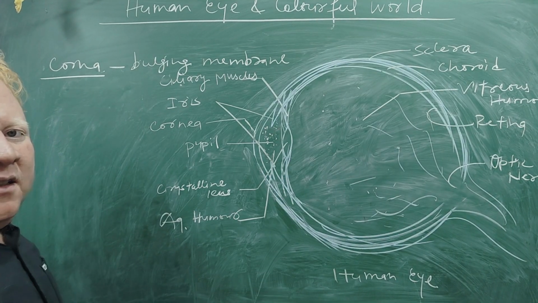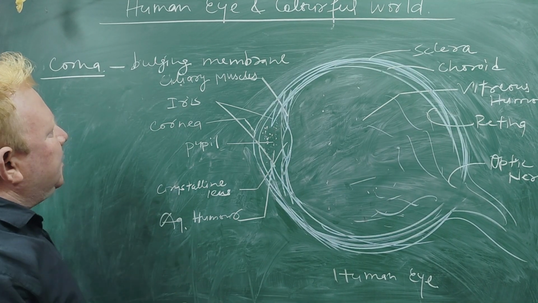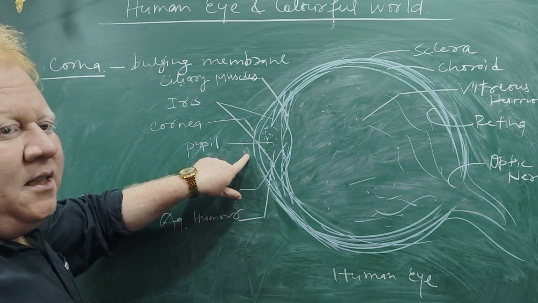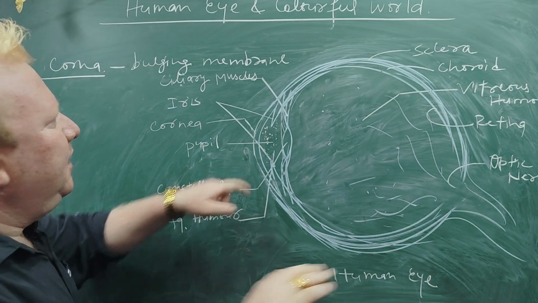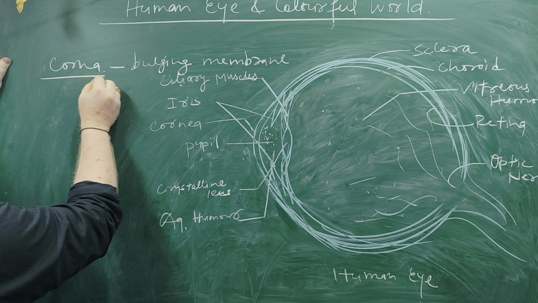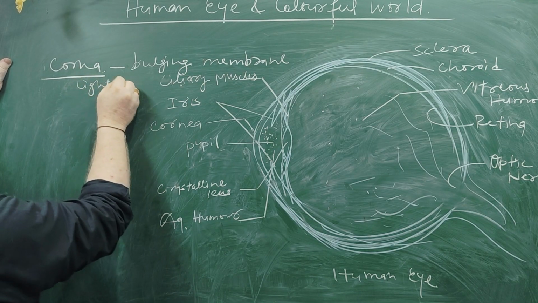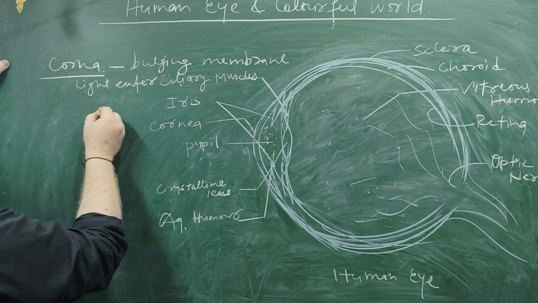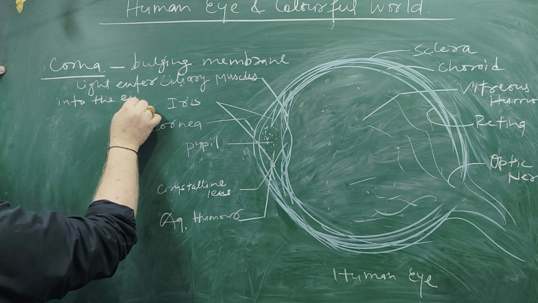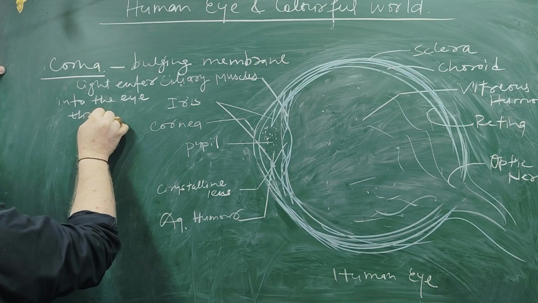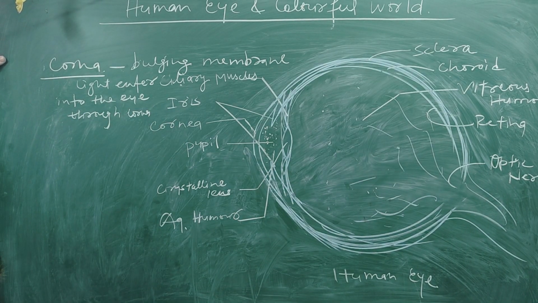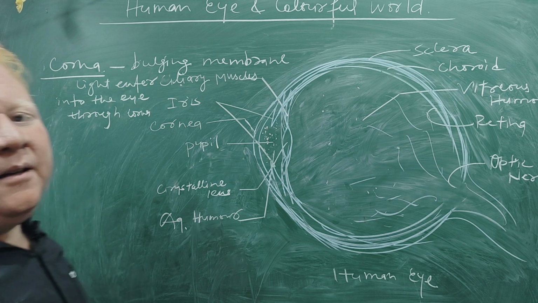So what is this cornea? You can say that it is a transparent bulging membrane through which light enters into the eye. So its main function is that light enters into the eye through cornea.